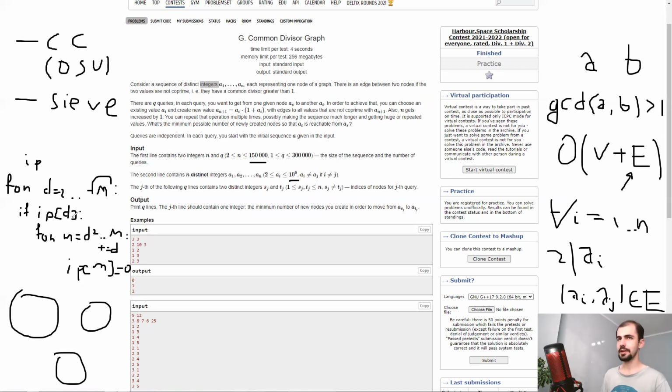Instead of doing that, you can have an array of prime divisors, and here you can assign d. So you know that d is a divisor and it's also a prime divisor. So by doing this, you will be able to quickly factor all numbers by starting at the mth index of the array, and you look at this value, you see that it's d, so you know that d is a prime divisor of m, and you can quickly divide. So in fact, you will factor in log n time.